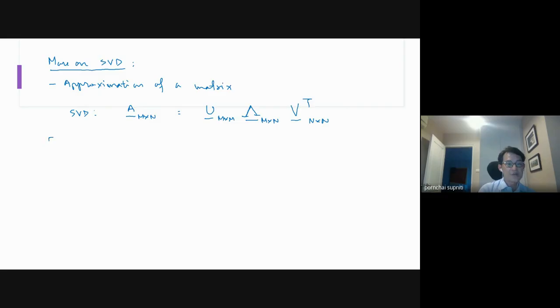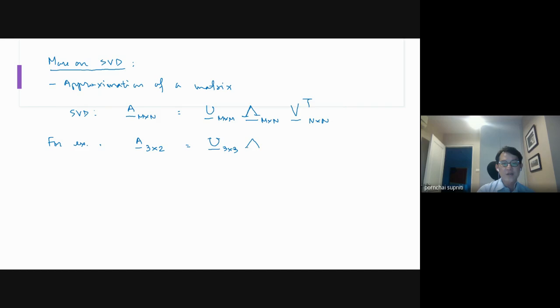So for example, if I have A of size 3 by 2, I'm going to have matrix U as the size of 3 by 3, right?